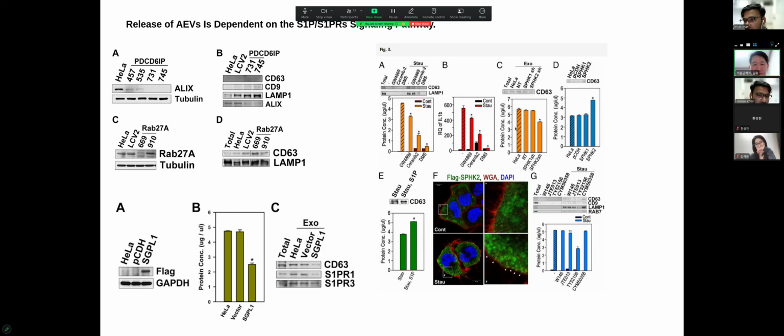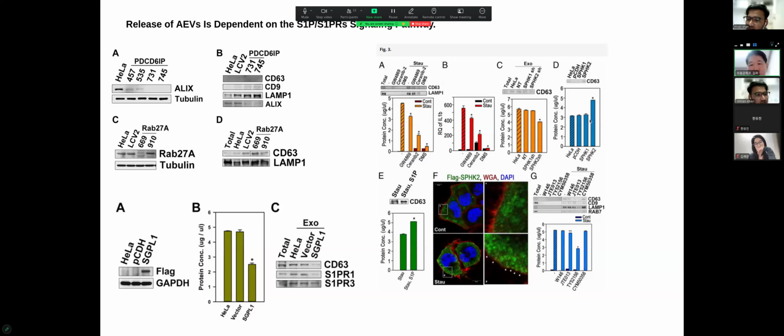And there are two kinds of sphingosine kinase, 1 and 2. When the cells were knocked down with sphingosine kinase 1 and 2, it was found that the knockdown of sphingosine kinase 2 significantly impacted the release of exosomes from the cell.